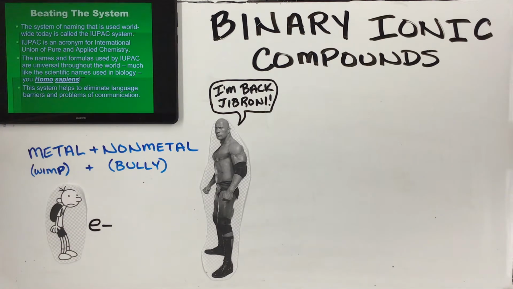You can imagine if you discovered a drug that could kill cancerous cells, the cure for cancer, you would want that formula out there around the world as quickly as possible. So if all chemists on Earth use the same rules for naming compounds and writing their formulas, that eliminates language barriers, and that cure for cancer can get out there even quicker.